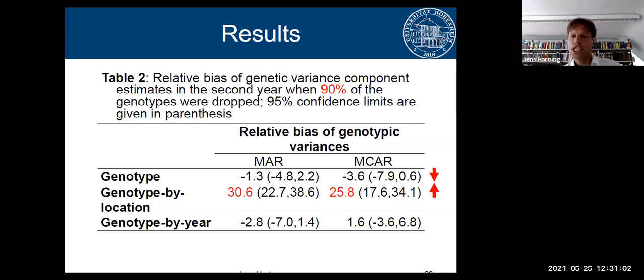And there's a high chance that these genotypes are also selected in the second year, or maybe 2 or 3 of them. If a genotype is very good in the first year, it will be selected in the second year, and the third year, and the fourth year, and the fifth year. So there's a high chance that this genotype, even with 90% dropout, remains in the data.